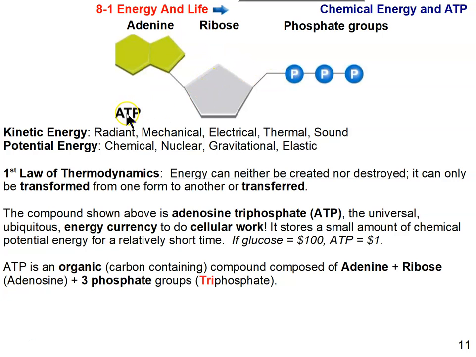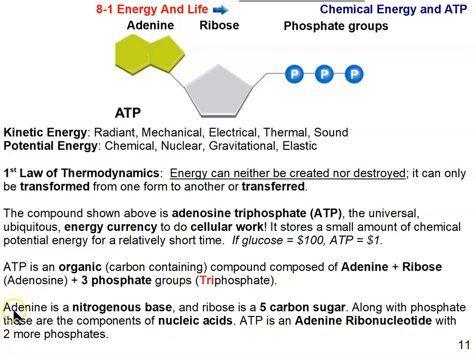Therefore, adenosine triphosphate, ATP. So as I already stated, adenine is a nitrogenous base like you find in DNA and RNA, and ribose is a 5-carbon sugar that you find in RNA, and along with phosphate, that's what you find in nucleic acids. But in nucleic acids, a nucleotide, for example, only has 1 phosphate. So if this didn't have 2 extra phosphates on it and it was incorporated into a nucleic acid, it would be considered a nucleotide. Hopefully you recognize that.